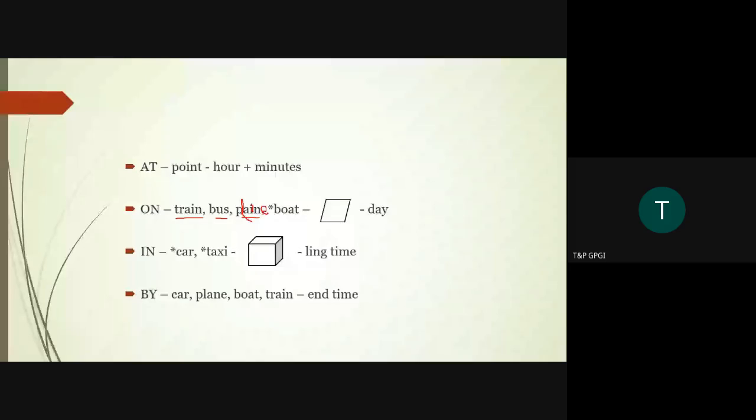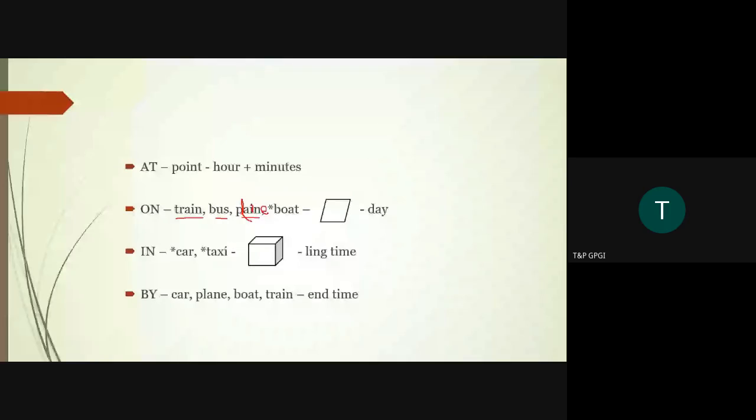We say you are on the bus because it is a large thing that covers a big area and you share it with a group of people. So you can say on for train, bus, plane. Why? Because A, it's a larger platform, and B, you are sharing it with a bunch of people.